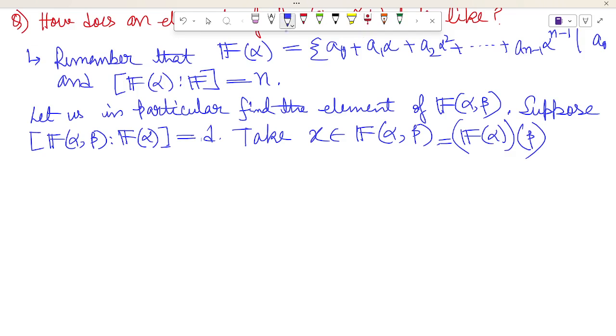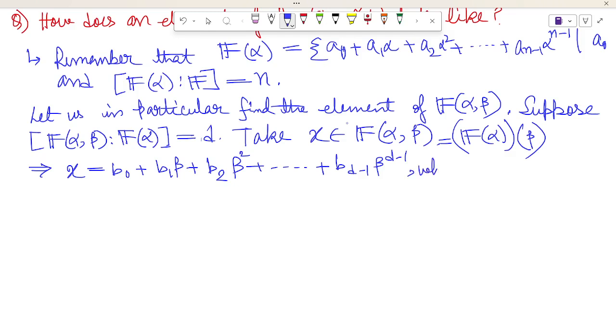That means x equals some b0 plus b1 beta plus b2 beta squared plus up to b d minus 1 beta to the d minus 1, where, on which field are we working? On F(alpha).